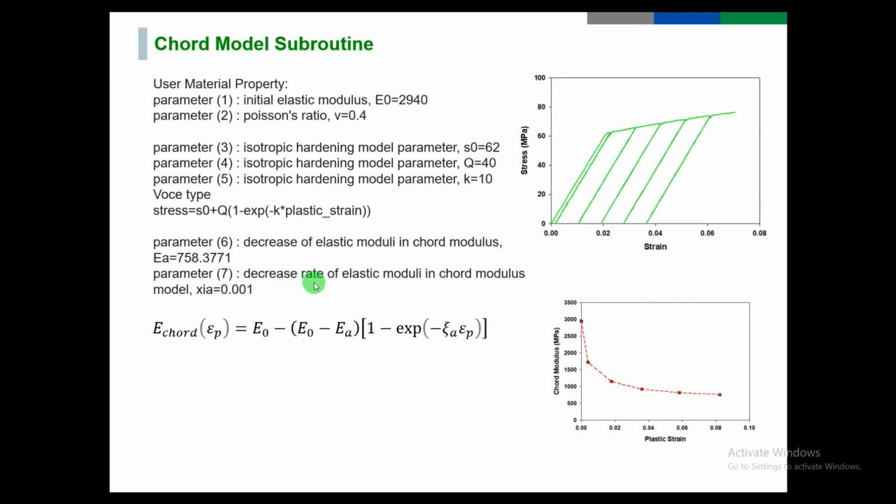And another one, we need to define is the rate of elastic modulus in the short model, which means eta. And I mean to calibrate this model to match our material behavior.